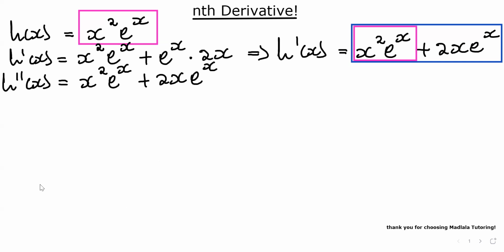But we are not done, right? Because by doing this, we were actually differentiating this function. So it is still necessary for us to differentiate the second part of the first derivative as well. And of course, in order to do that, we use the product rule once again.